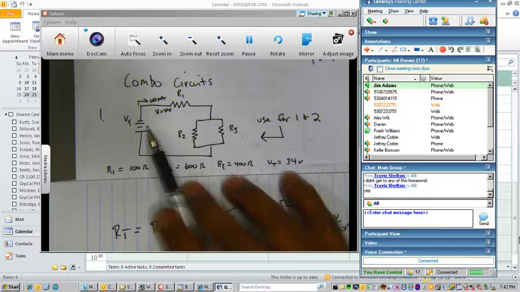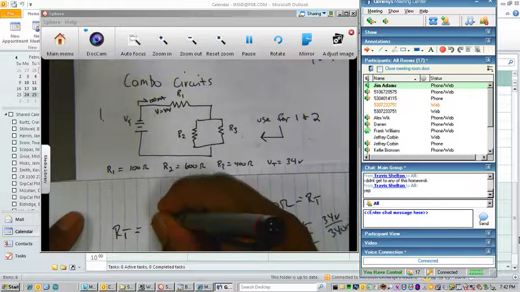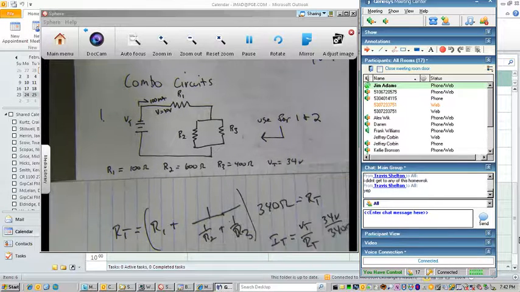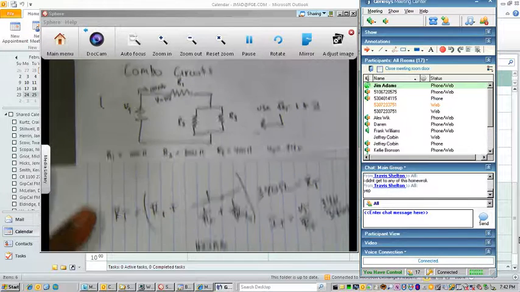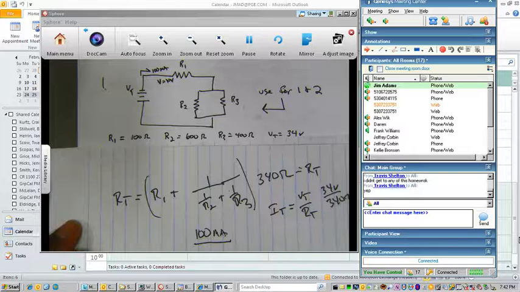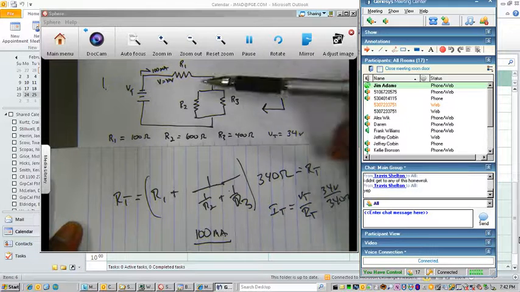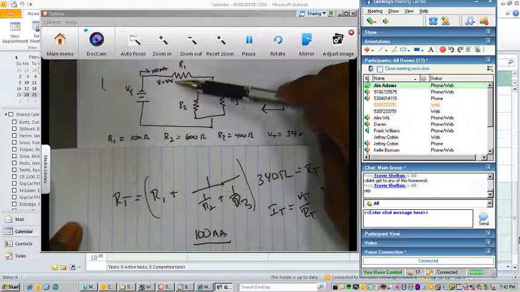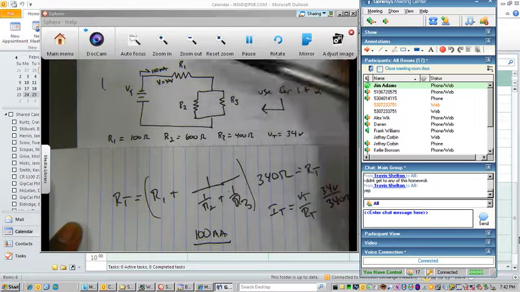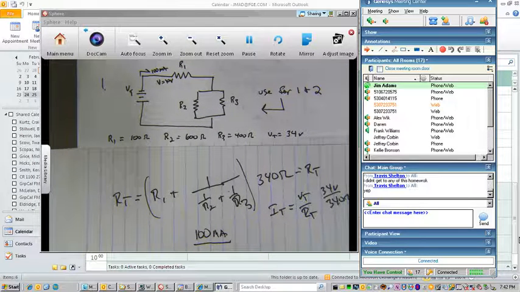Now, if RT is 340 ohms, IT will equal VT over RT, which is 34 volts over 340 ohms, because we gave you the voltage right here. So 34 divided by 340 is 100 milliamps, which is total current, IT.